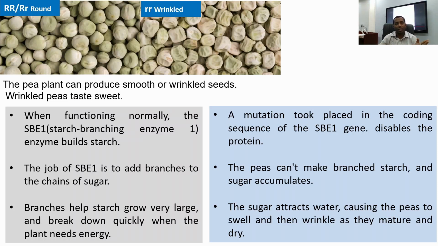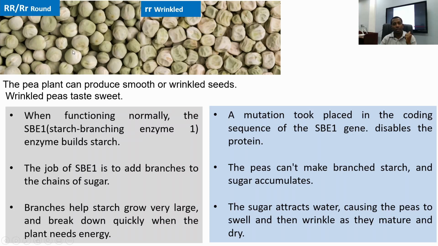However, in homozygous dominant plants you get normal seeds, and in heterozygous plants you still get normal seeds because there's at least one copy of the gene functioning normally, which can produce the SBE1 protein.